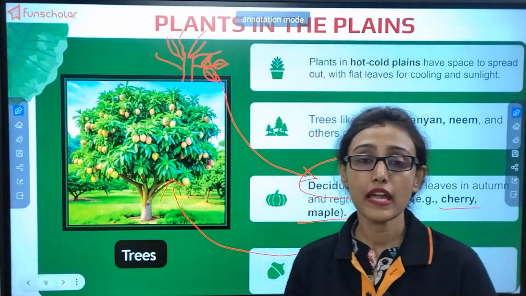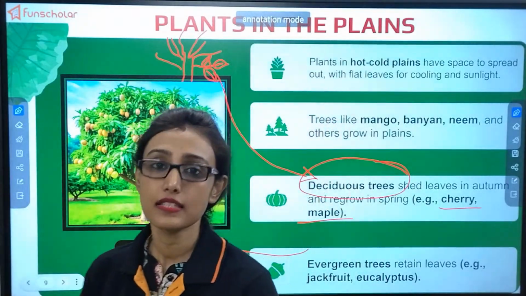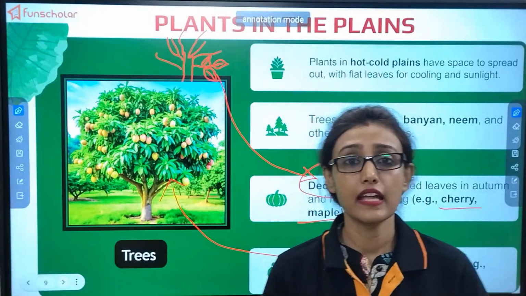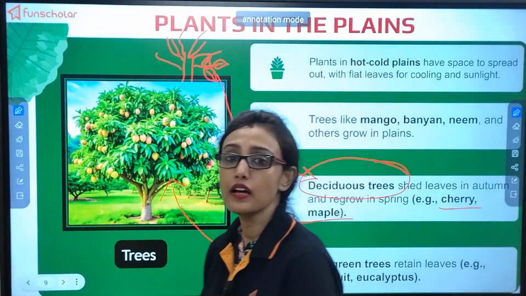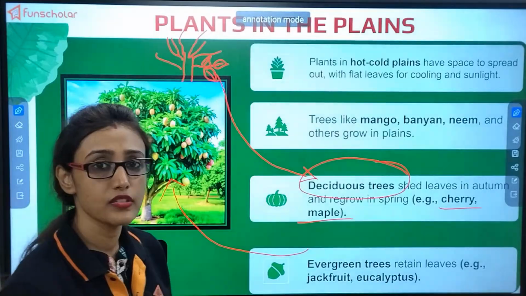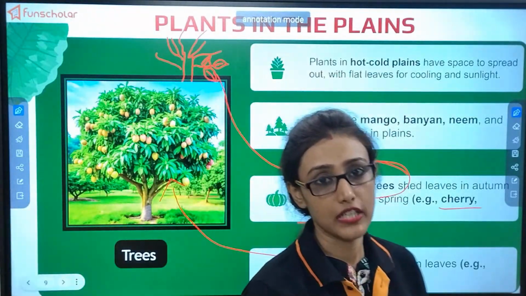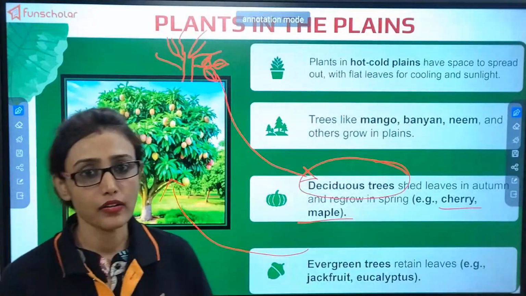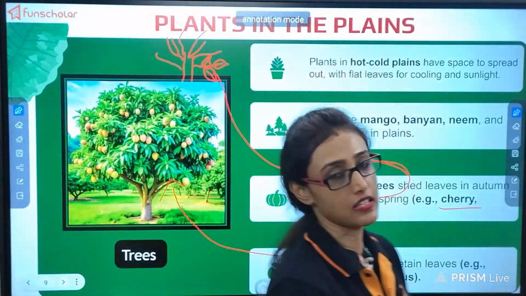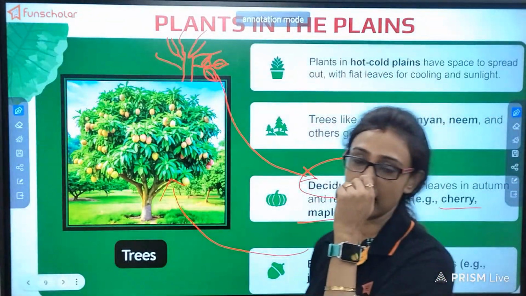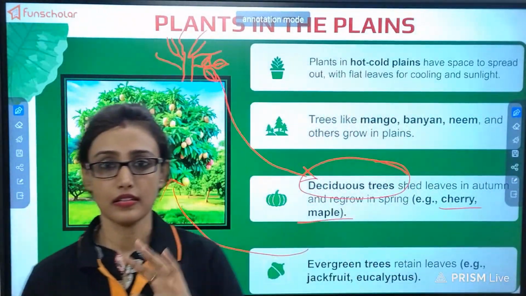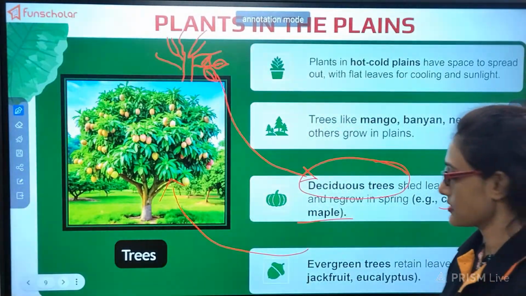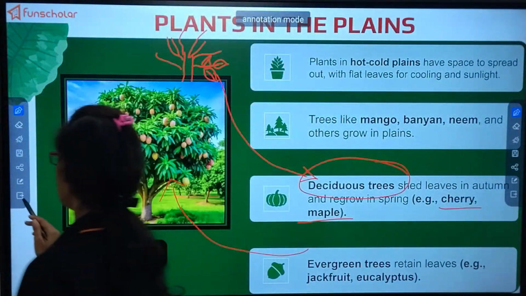To protect themselves from the winter season. And evergreen trees retain the leaves throughout the year. Examples of deciduous are maple and cherry, and examples of evergreen are mango, eucalyptus, etc. Any tree you find in your surroundings is mostly an evergreen tree. Okay? Now next.